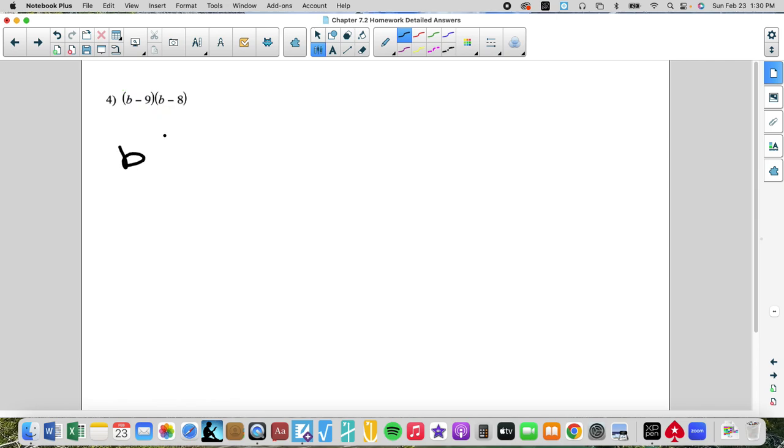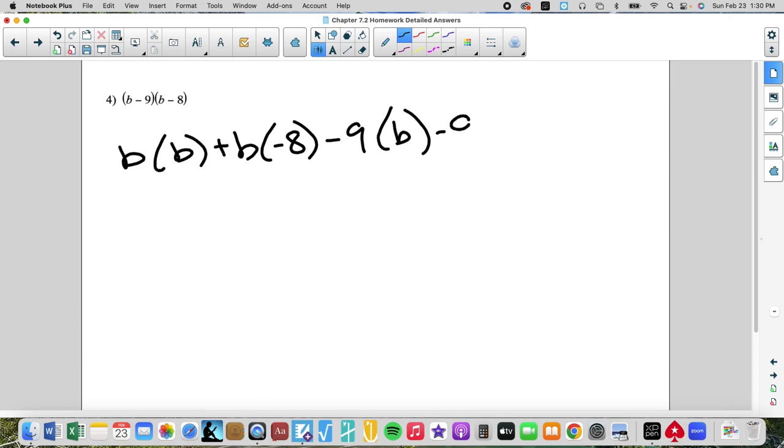We have b times b plus b times negative 8 minus 9 times b minus 9 times negative 8. Let's keep track of those negatives. So we have the b, that's going to the b, and the b going to the negative 8.